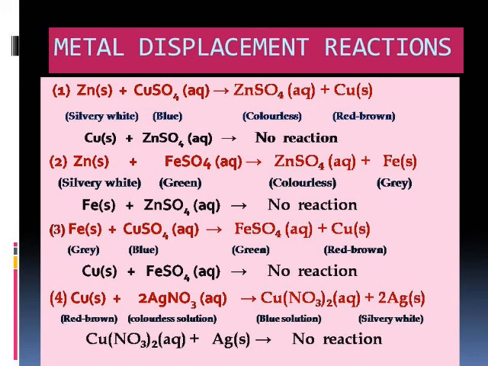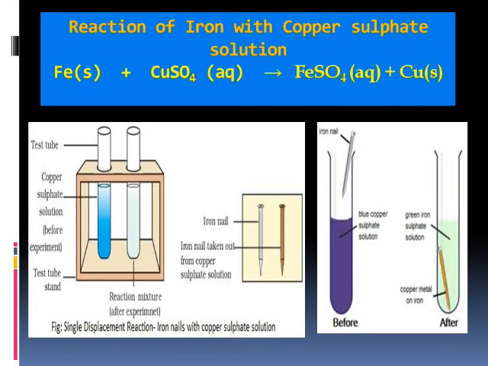This displacement reaction occurs because zinc is more reactive than iron, so it displaces the iron from ferrous sulfate solution. Now take the third example.